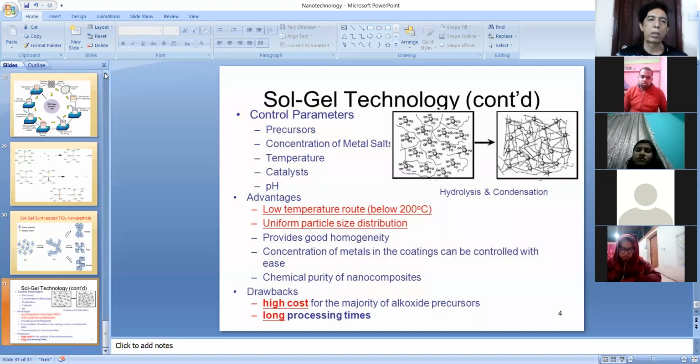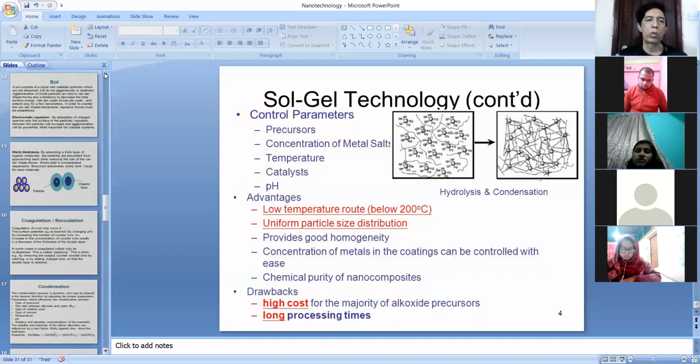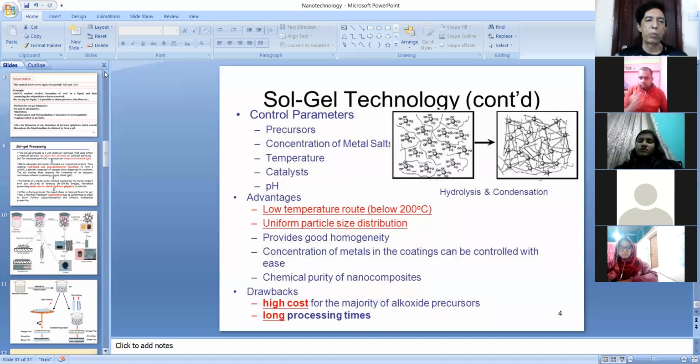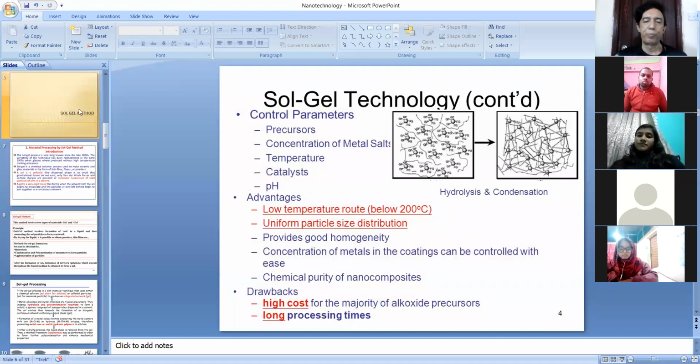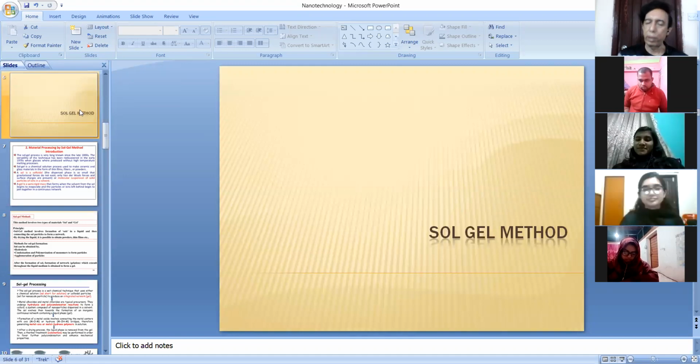I have discussed it in great detail to you because this is the most popular method of preparing nanoparticles.